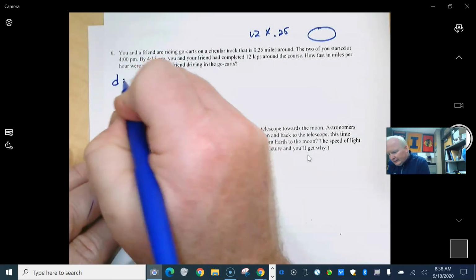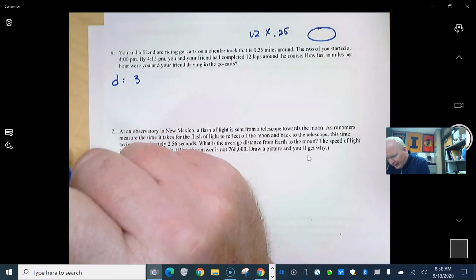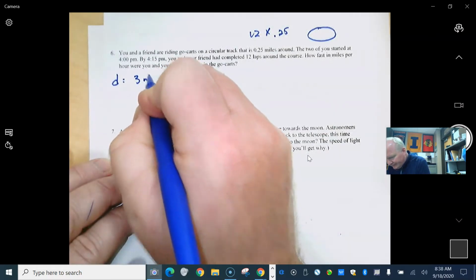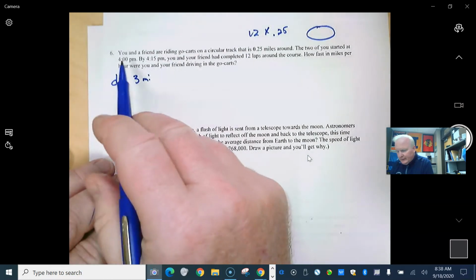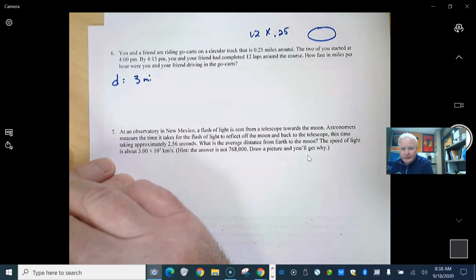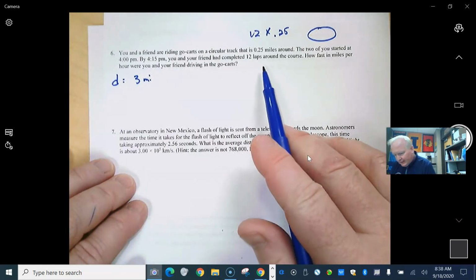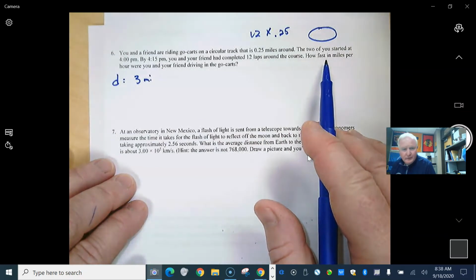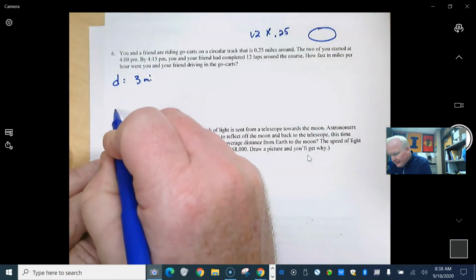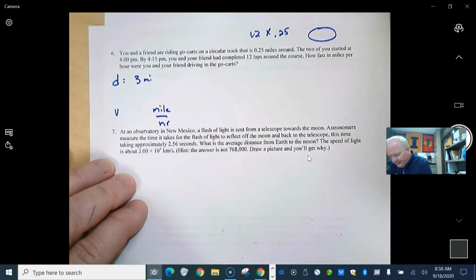So your distance is going to equal 3 miles, I think it is, 3 miles. Okay. Now for the time, they tell us we start at 4 and we end at 4:15. So that's 15 minutes. Not very hard, except for the fact that they ask us to find the velocity in miles per hour.